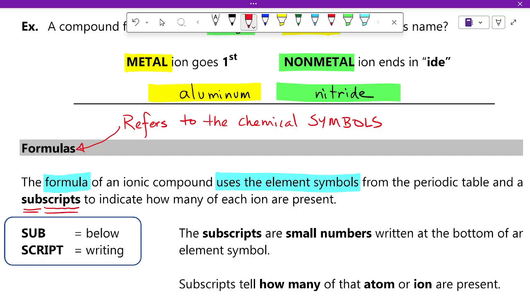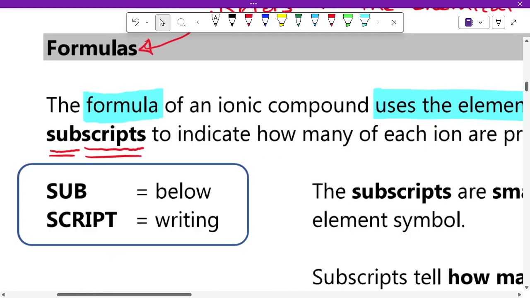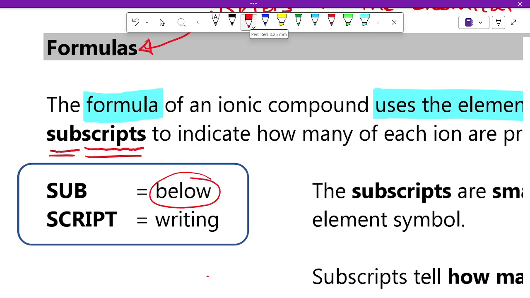Now, if you are a submarine, where do you go? Under the water or below the water. So sub means below. Script. Well, if you have a play and you have the script, that script is something that is written, yes? So script is writing.